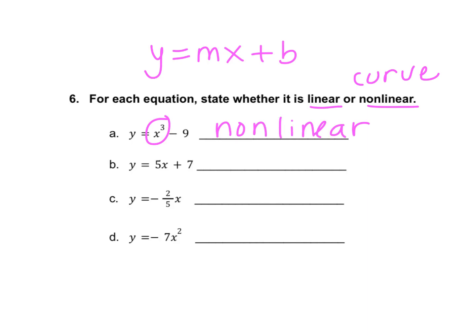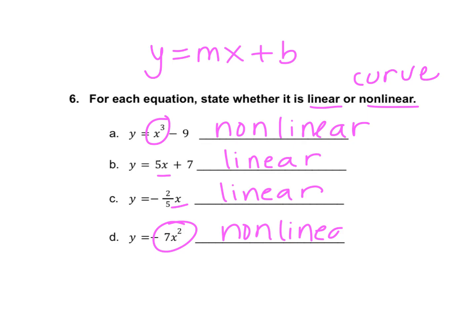So if it's in our regular y equals mx plus b form, it's linear. And even c is linear, because the x is just a regular x. And then here I have an exponent with my variable of x, so that is nonlinear. So maybe think if you see an exponent, it's going to show exponential growth, which will curve.